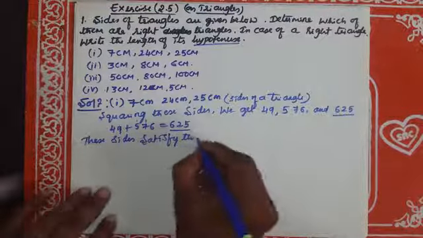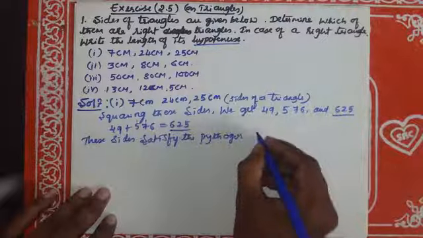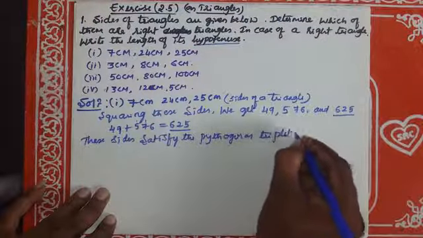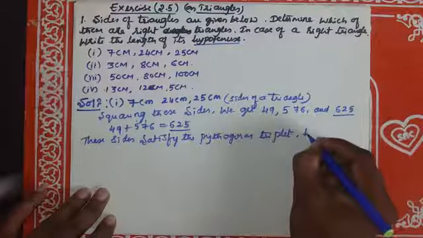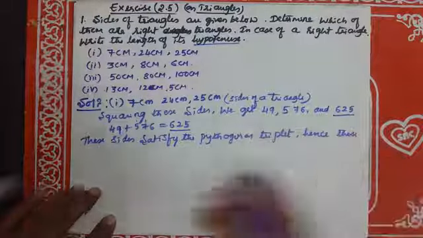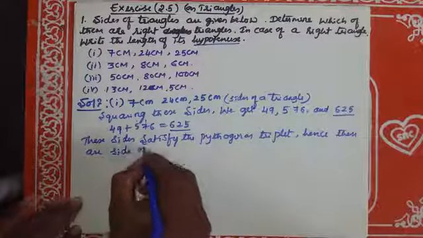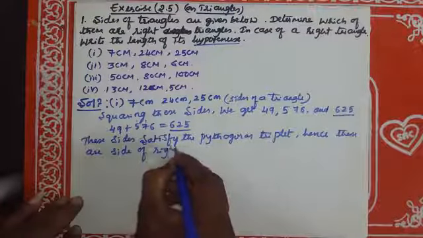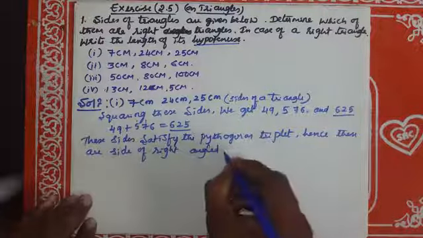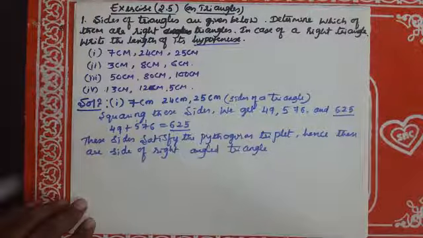These sides satisfy the Pythagoras triplet. Hence, these are sides of a right angle triangle.